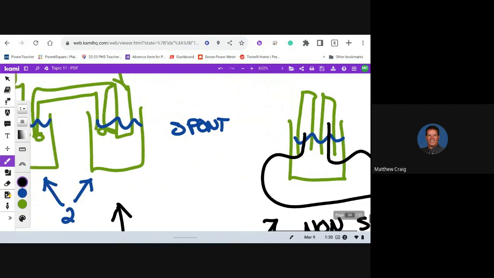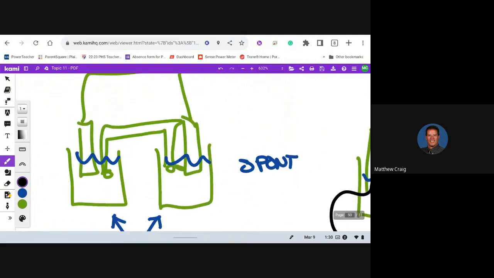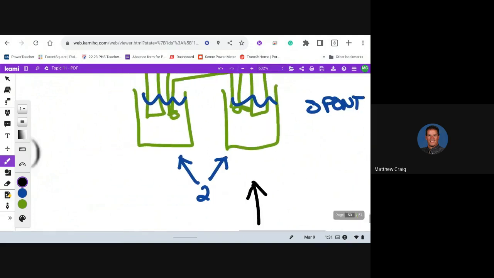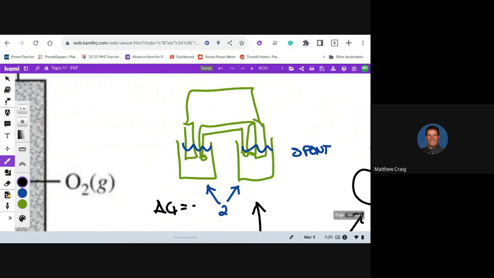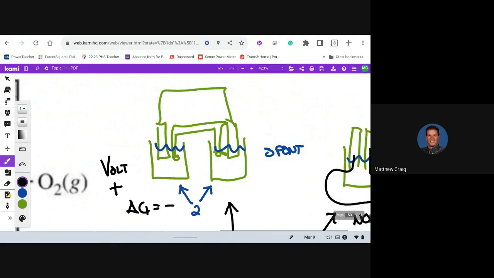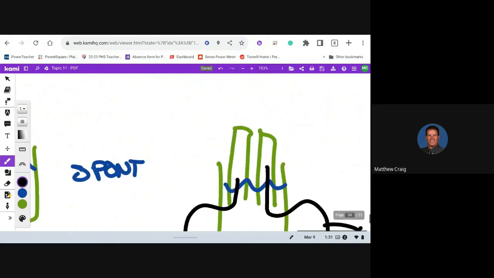Yeah. Is there oxidation reduction taking place on the left? Yeah. So both of those are still having oxidation reduction. What type of sign do we want delta G for this structure? Negative. And we want our voltage to be as positive as can be. Over here, we want delta G to be positive, and the voltage negative, but not so negative. Okay. So it's negative, but we're going to say small negative. Okay.